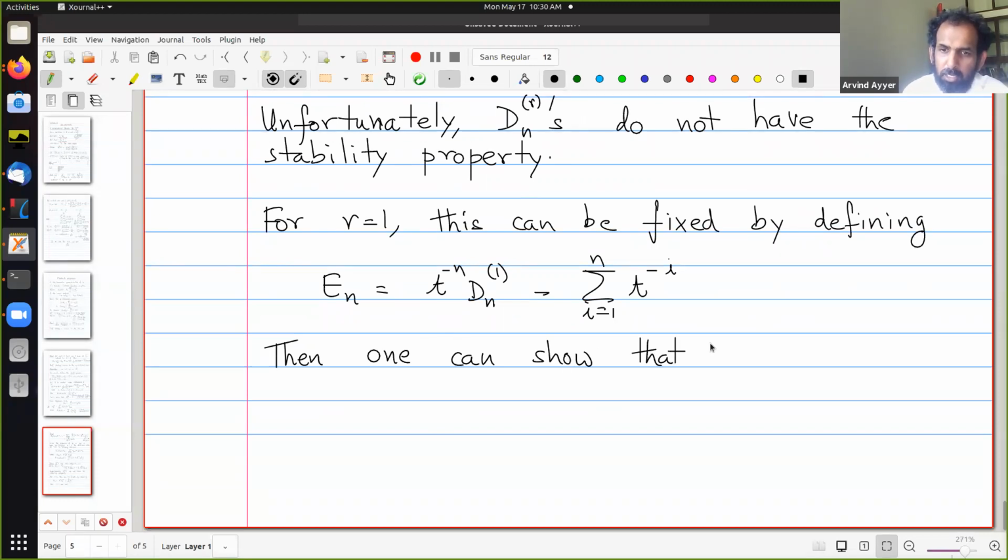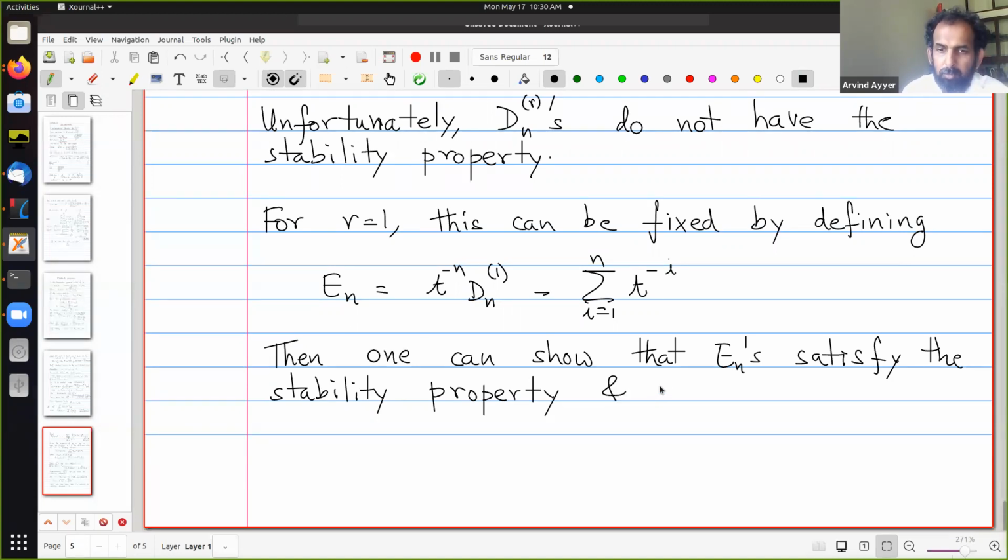Okay. So then one can show that the E_n's satisfy the stability property, and we let E be the limiting operator. So this acts on infinitely many variables.